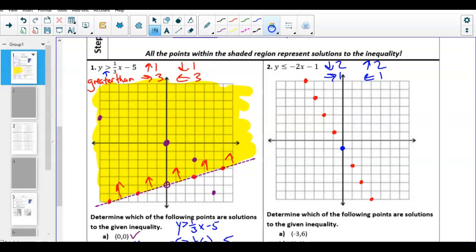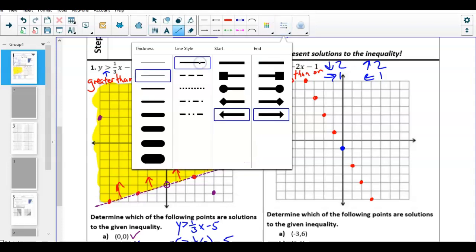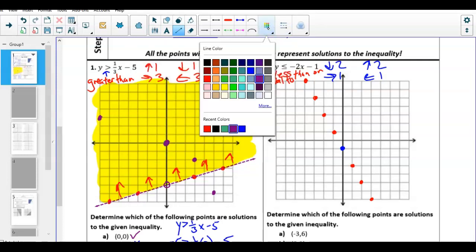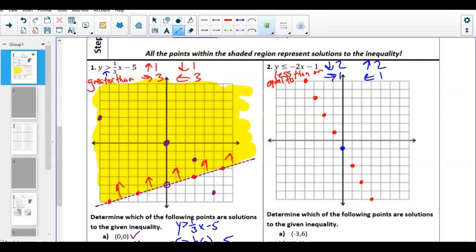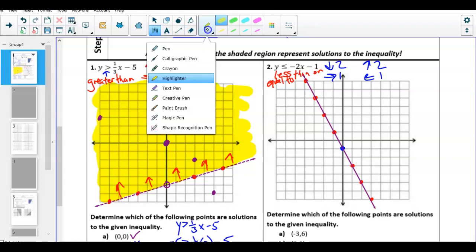This is a less than or equal to, so that means this will be a solid line, going through these points. And then shading wise, because it is less than, that will be everything below this line.